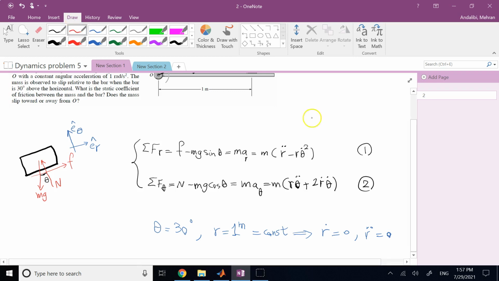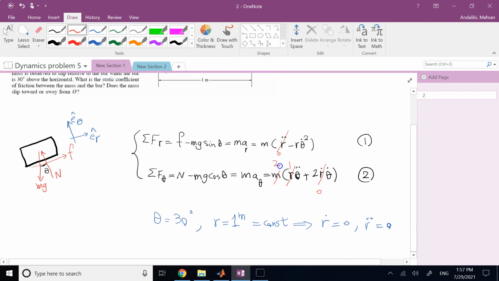Therefore, if you look at these equations, I have r double dot as 0, I have r dot as 0, I have r as 1 meter, I have the mass 2 kilograms, I have angle at 30 degrees, I don't know N. When it is basically about to slide at 30 degrees, it's on the edge of sliding, this F has to be maximum static friction.